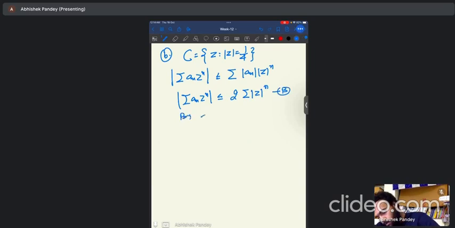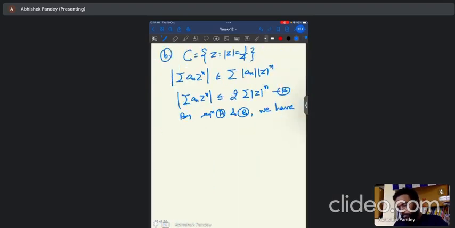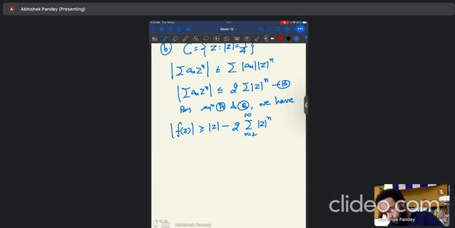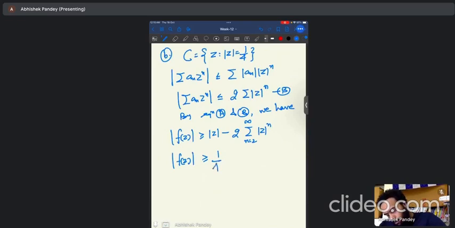Now by equation A and B we have, using equation A, the minus will be greater than or equal to minus 2, so |f(z)| is greater than or equal to |z| − 2 summation |z|^n, n equals 2 to infinity. Now |z| is 1/4 on this C, so we can write this as 1/4 − 2 summation (1/4)^n, n equals 2 to infinity.